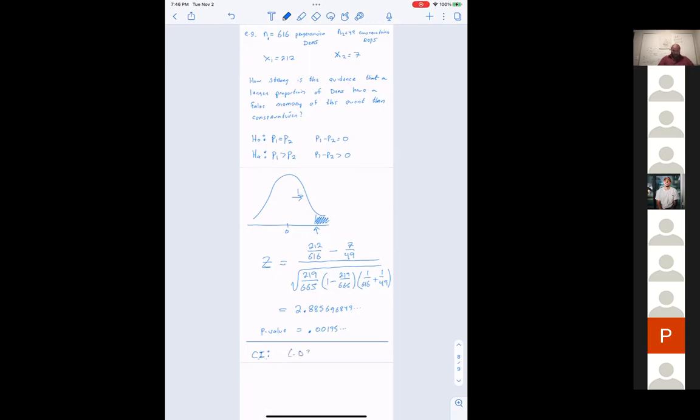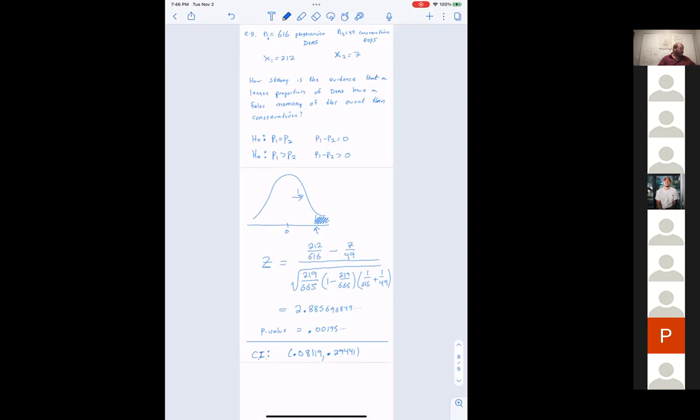And what is not in that confidence interval? 0. Which means I am 95% confident that the true difference in proportions is between 8% and 29.5%, i.e. a bigger than 0 difference, which means I'm going to conclude the same result that I had before. Does that make sense? Yes.